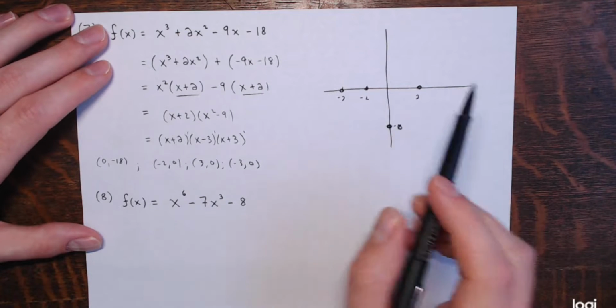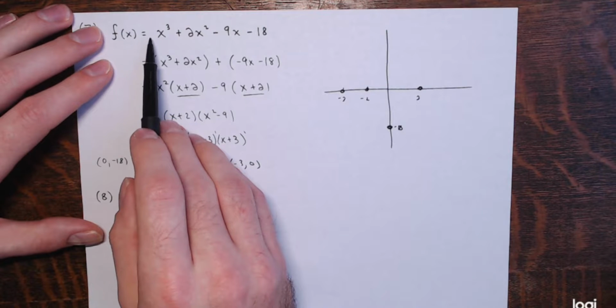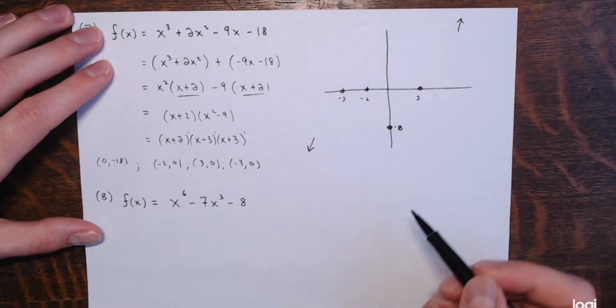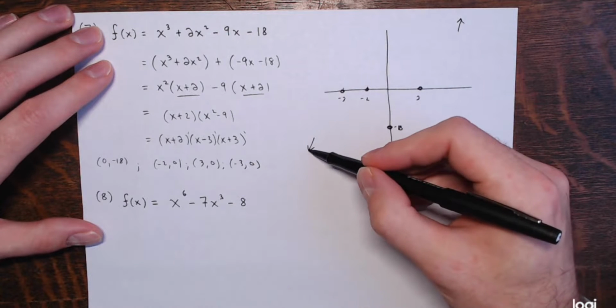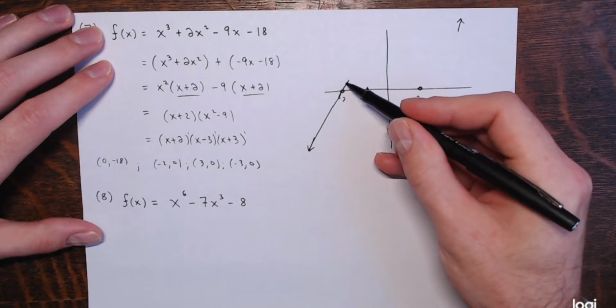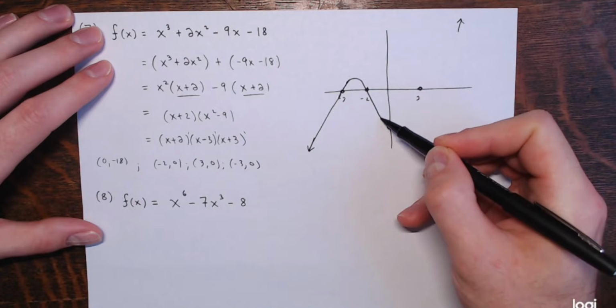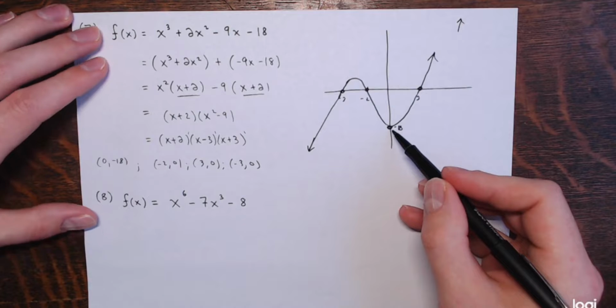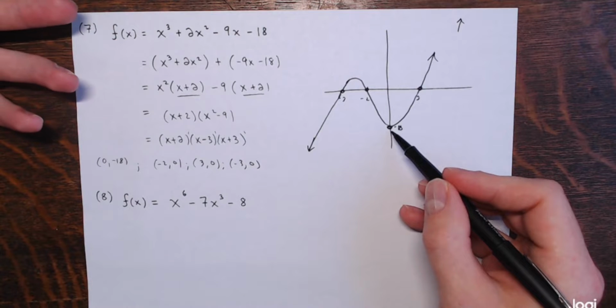And it's an odd degree, positive coefficient, so it's going to be going down to the left, up to the right with the end behavior. And it's going down, crossing at negative 3, turning at some point, crossing at negative 2, turning at some point, and then crossing at 3. And again, it's got to go through, I don't know, I really don't know if 0, negative 18 is a turning point.